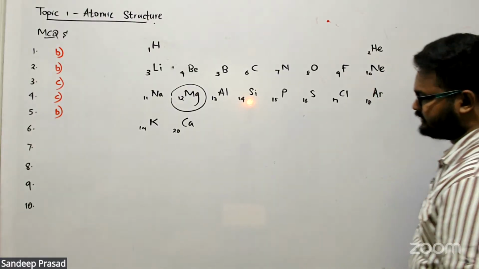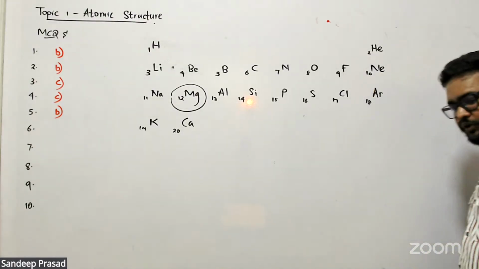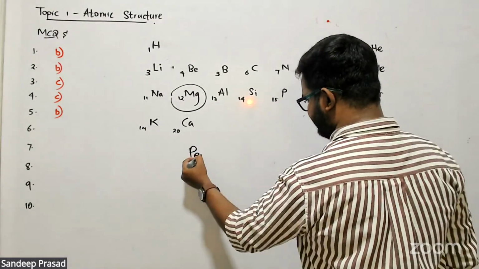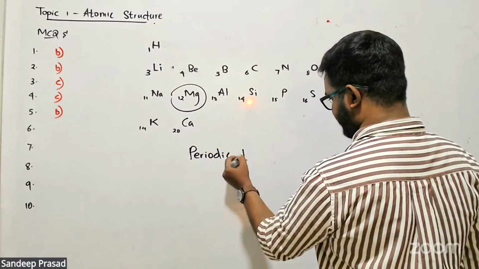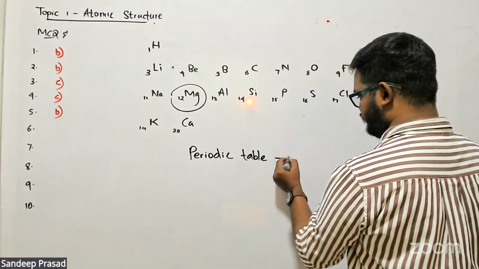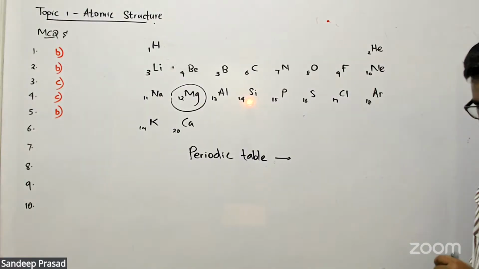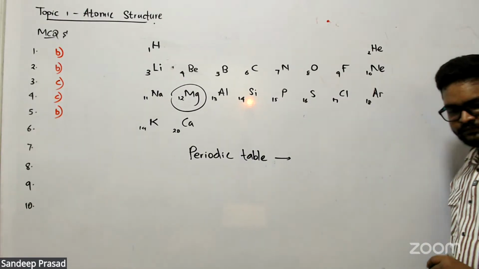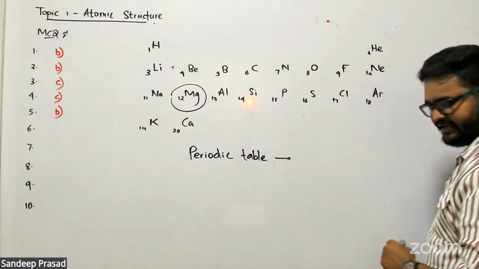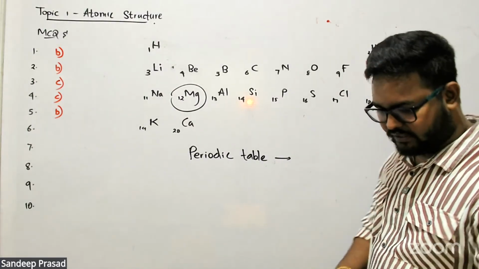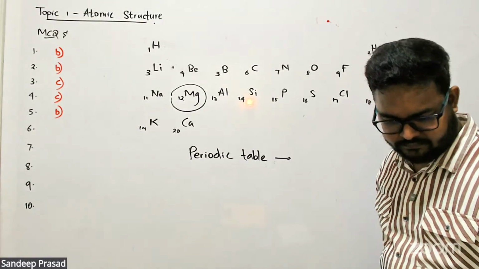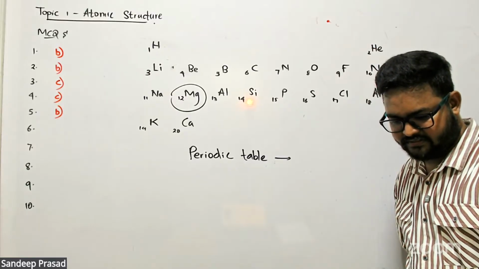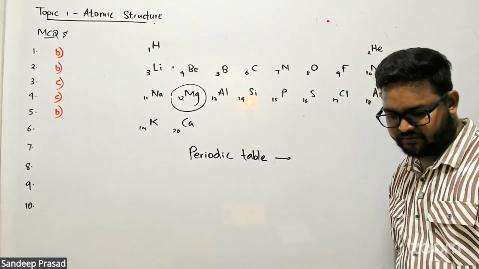Now my question is, let's go further. Let's go to A levels. In the periodic table, how many elements are there, as you think? 108? Okay, let's see your answers, everyone. One of you is saying 108, and 118.